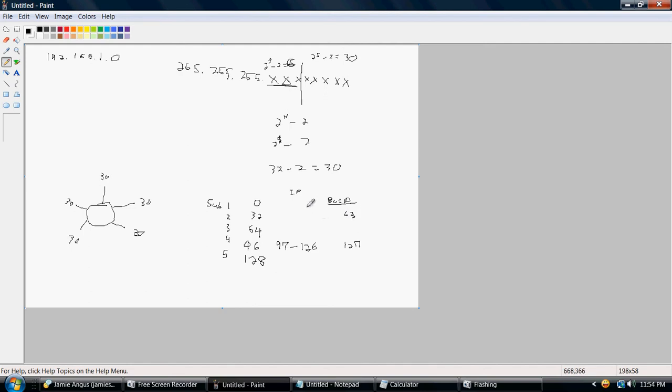And then, let's see. So 64 and 63. So 96, 95 would be the broadcast ID for subnet 3. And then the range for this would be 65 to 94. I could be doing this wrong. If I miss something, let me know.